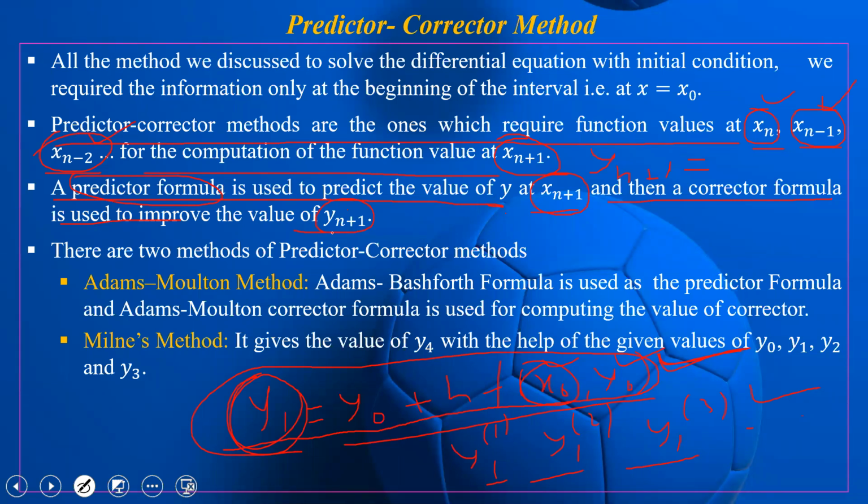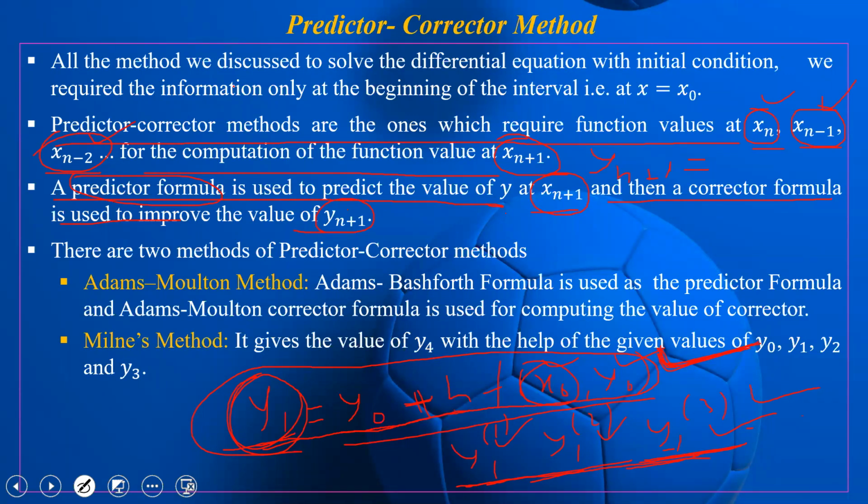We find the value of y1 with the formula y0 plus h f of x0, y0, and then in the next successive steps we improve the value of y1. We obtain y1 1, y1 2, y1 3, and we iterate until two successive iterations give the same value, meaning it is best approximated. That's why this is called the predictor corrector method.